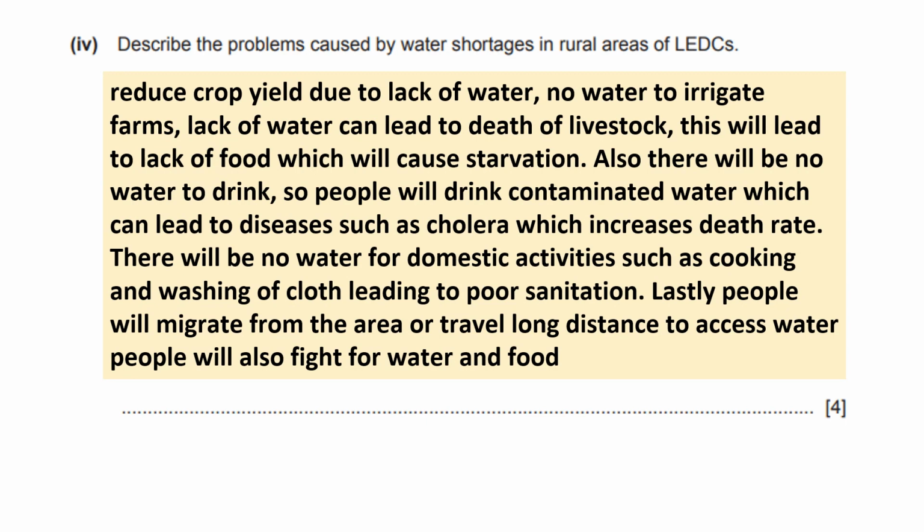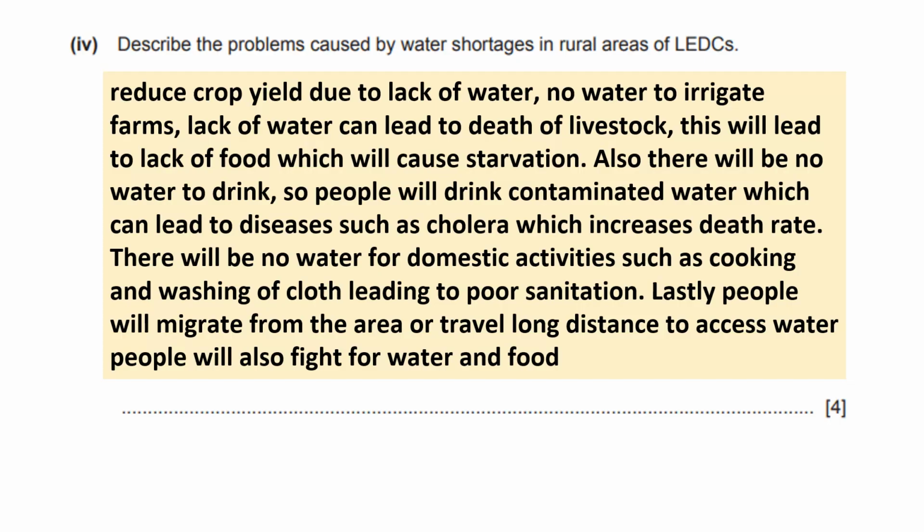Now, also, there will be no water to drink, so people will drink contaminated water, which will lead to diseases such as cholera and typhoid, and this will increase the death rate. Now, there will be no water for domestic activities such as cooking and washing of clothes, leading to poor sanitation.